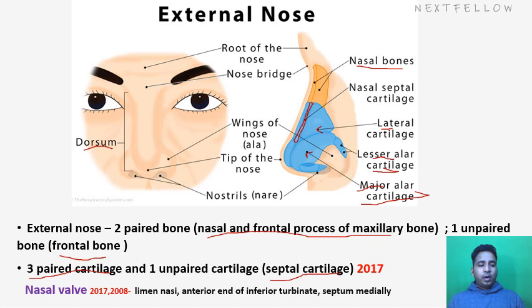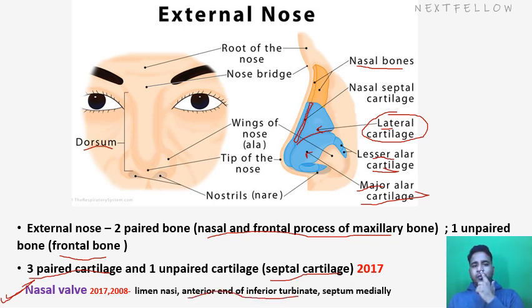Now one important point is the nasal wall. It has been asked multiple times in the exam. What is the nasal wall? It is mainly formed by the limen nasi, or we can say the lower end of the upper lateral cartilage. This is my upper lateral cartilage; suppose this is the lower end. So the lower end of the upper lateral cartilage, then comes the anterior end of the inferior turbinate.